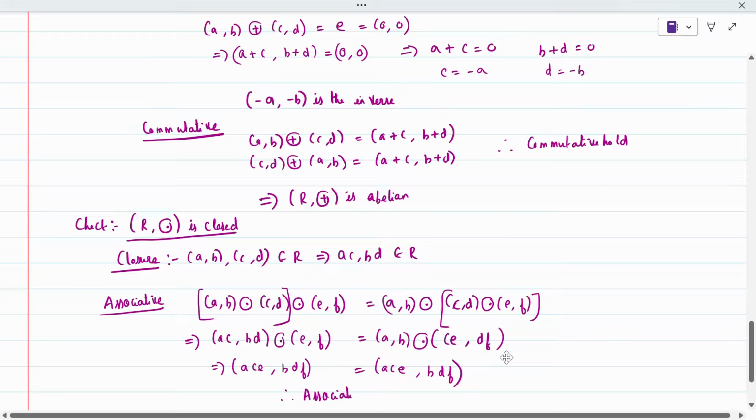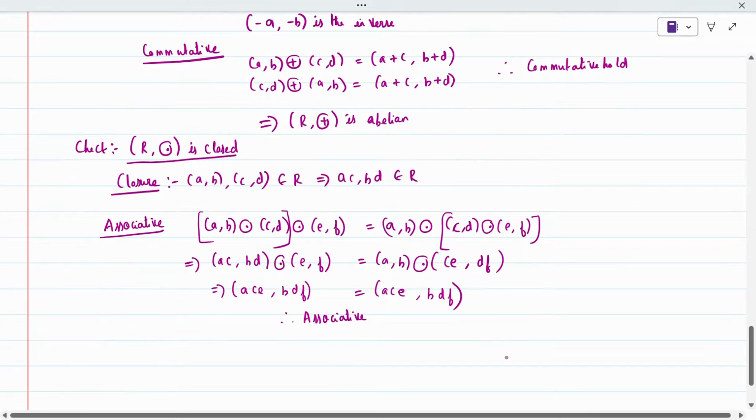Next will be commutative for the dot operation.